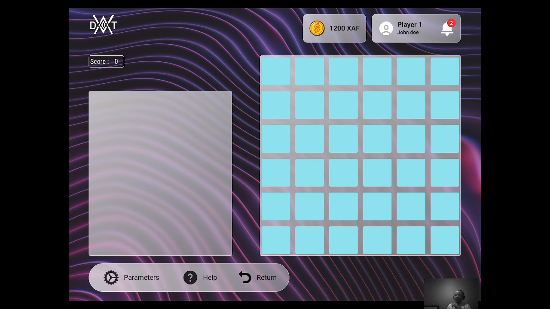So if the 2 currently flipped images or squares match in terms of the symbol corresponding to the name, then you get a point. If they don't, they will reset to their initial position.